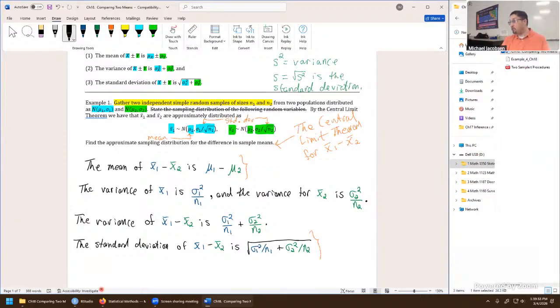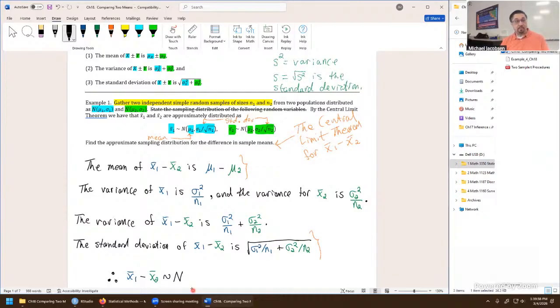So we have one big conclusion now. We can say, therefore, we take two independent simple random samples, calculate an x bar 1, and we calculate an x bar 2, but then we do another operation and subtract them. The probability theorem above is going to tell us now that this will be distributed still normally.